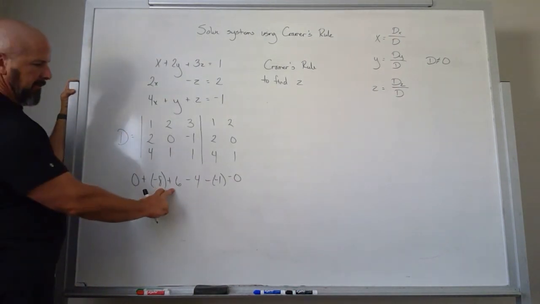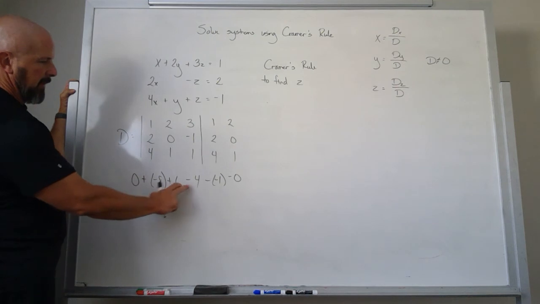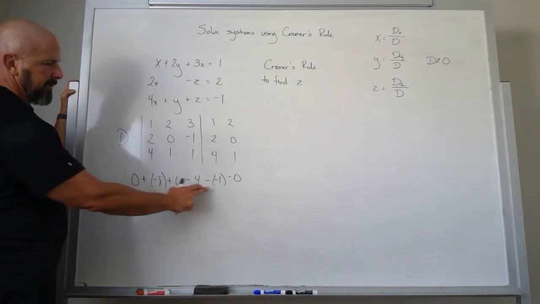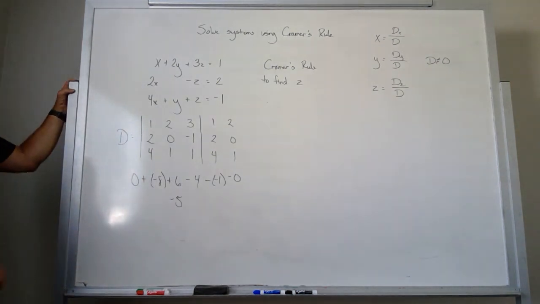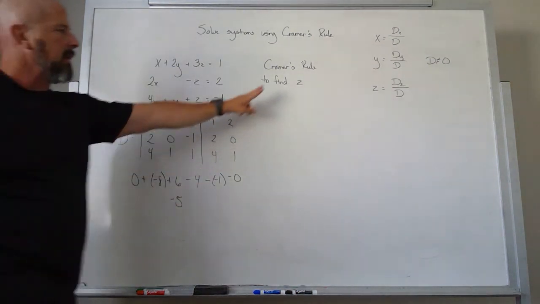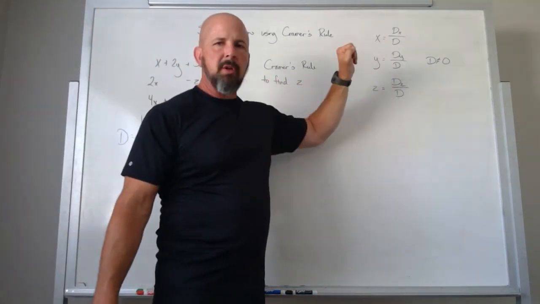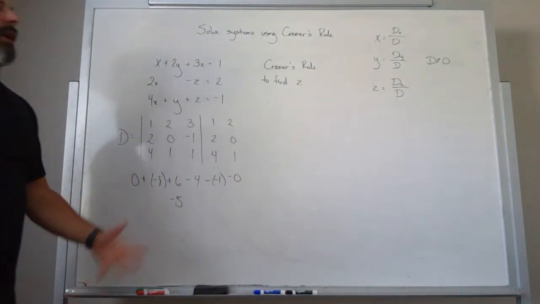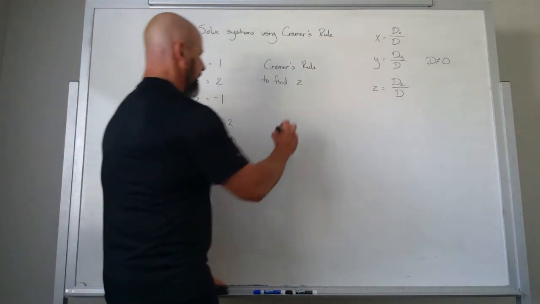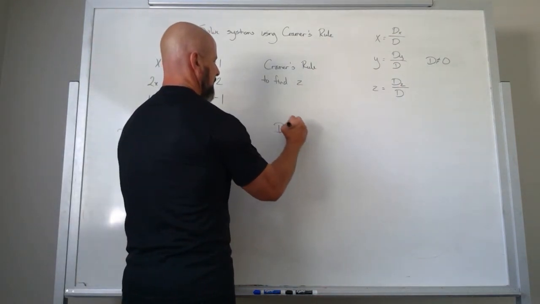So let's see, this would give me negative 2 minus 4 is negative 6, plus 1 is negative 5. There's my D value. So I'm looking for z, which means I need D sub z over D. So I know what D is, negative 5. Now I'm going to go find that D sub z.